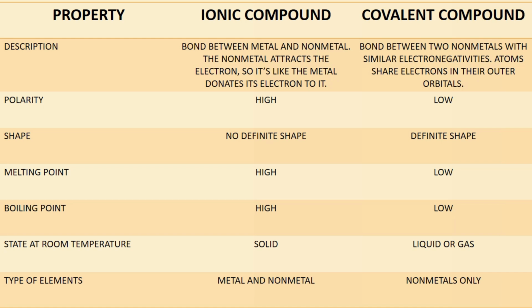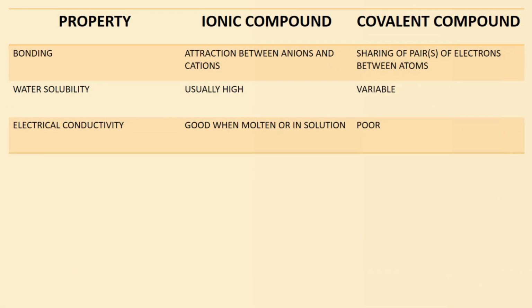In state at room temperature, ionic is solid, the covalent is either liquid or gas. The type of elements, ionic is metal and non-metal, and the covalent is non-metals only. The bonding, the attraction between anions and cations. In covalent, there is sharing of pairs of electrons between atoms.